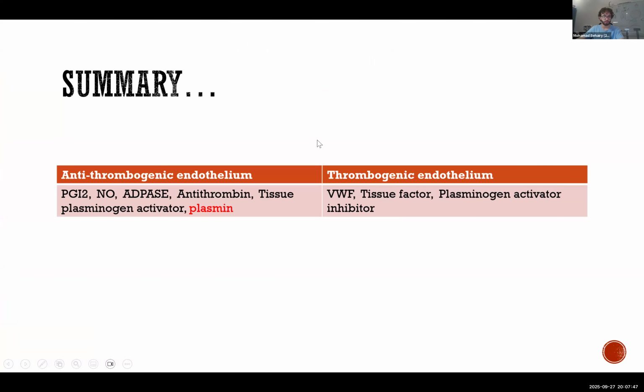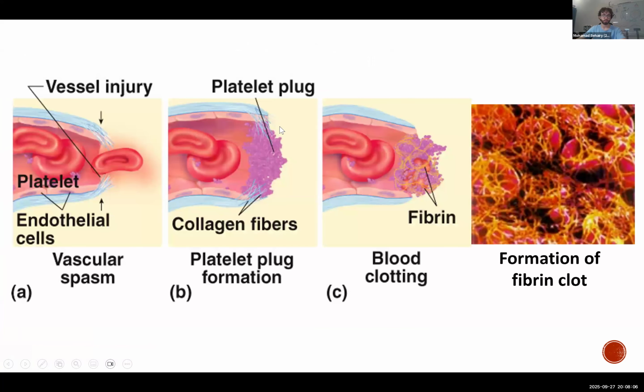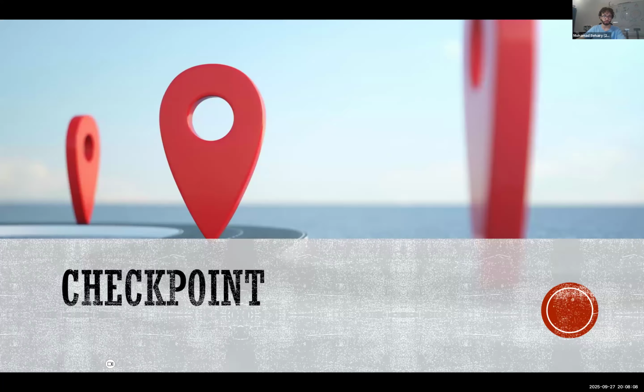We named them in this table. Antithrombogenic, we have PGI2, which is prostacyclin, nitric oxide, ADPase, antithrombin, plasmin. Well, there are a lot of things that are thrombogenic. But here the question is basically asking which of the following is antithrombogenic. So look through the options: which option contains one of these? And that's the correct answer. That's basically it. Is the question clear?